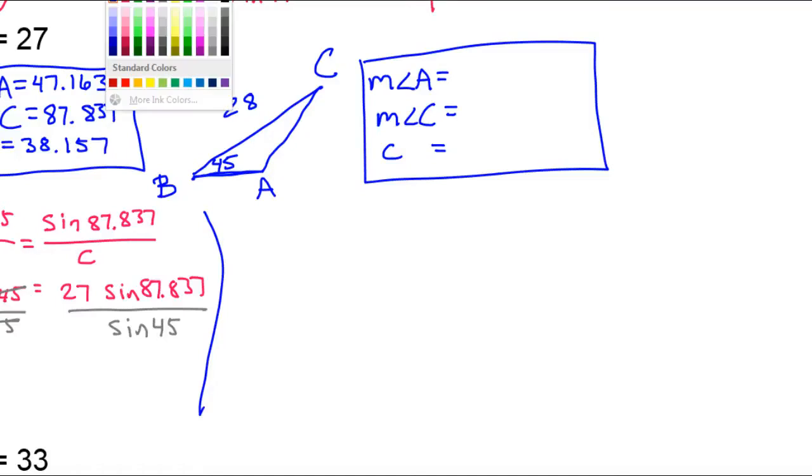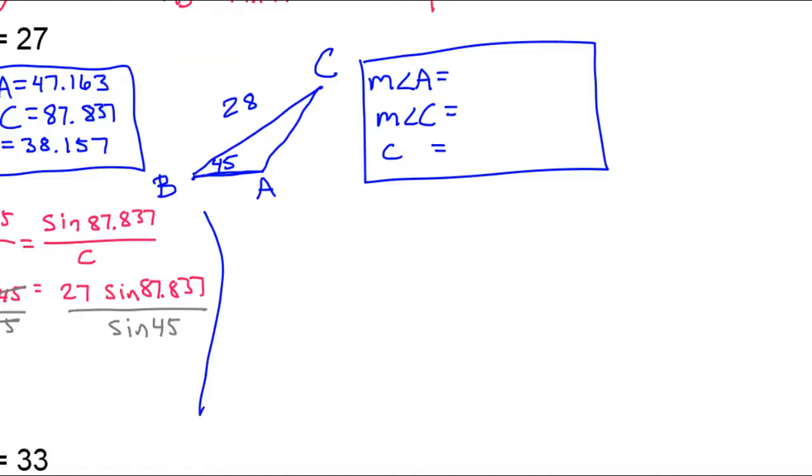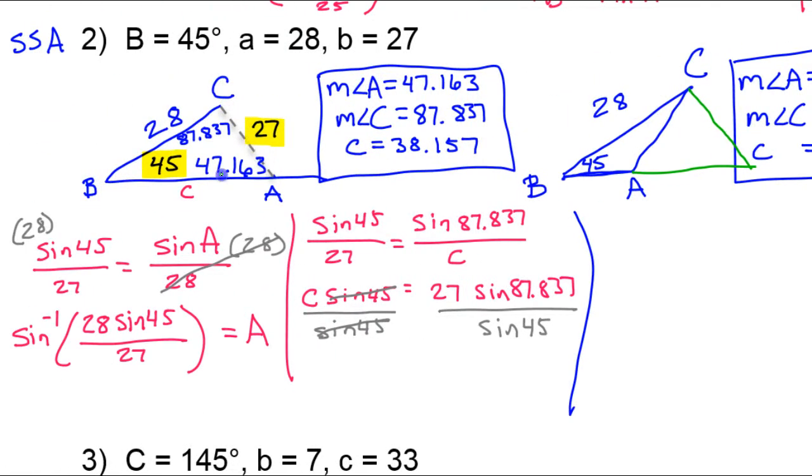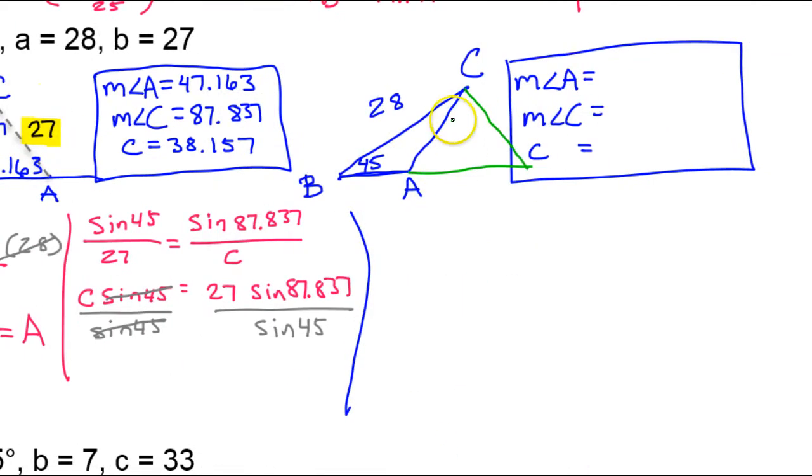So we need another strategy. And here's the strategy. It's the strategy of isosceles triangles. If I extend this out, okay, this is going to make an isosceles triangle. Remember, I'm looking at this side like it's swinging on a hinge. I could put it in this position or I could put it on the inside, but either way it's the same length.